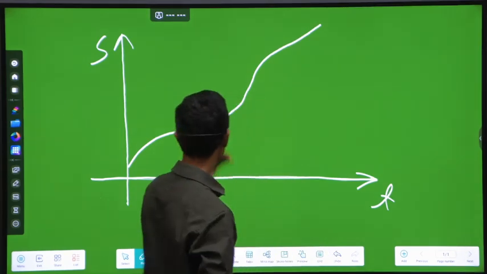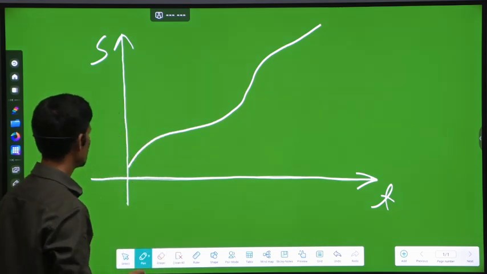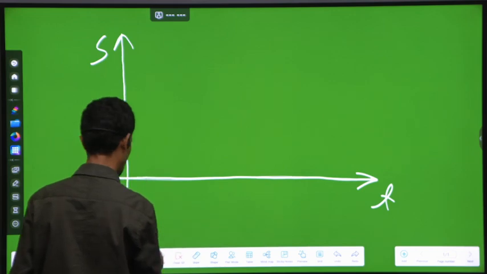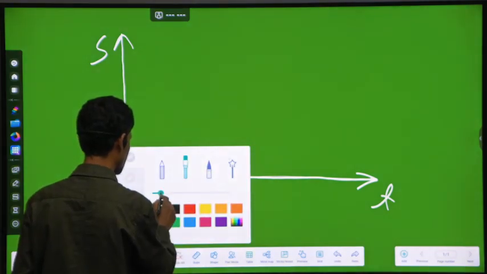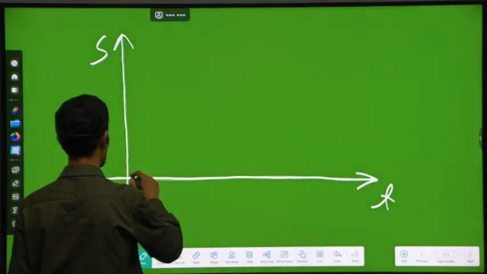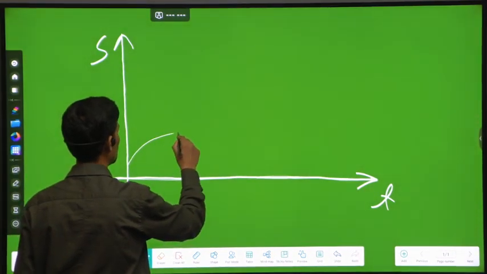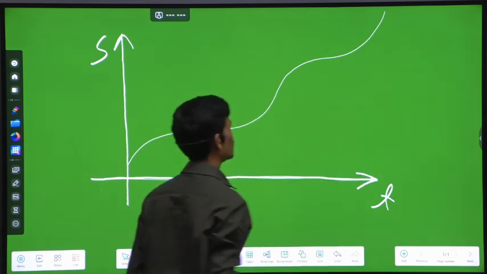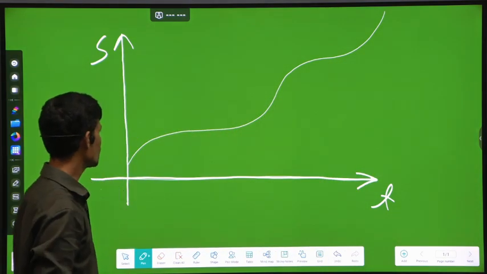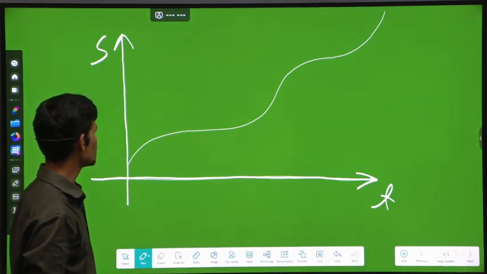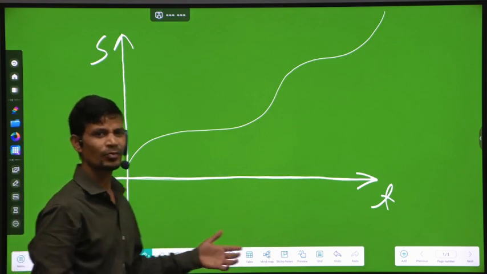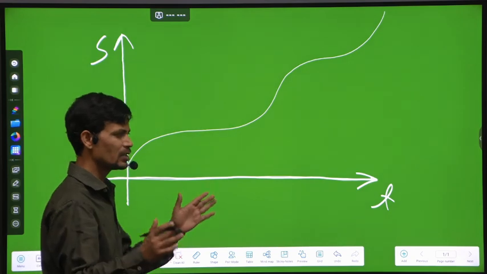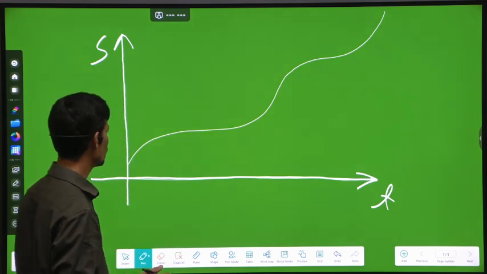But now it is changing at different points. In fact, let me draw it with a thin line, which I believe will be visible on camera. So I have drawn it something like this. I could make it more complicated than this, but I'm interested in something else which I'm going to show.